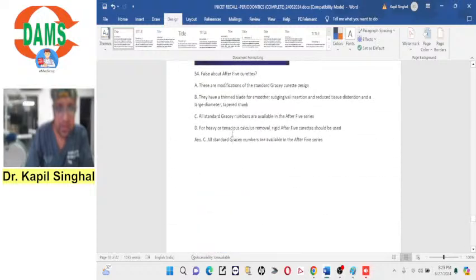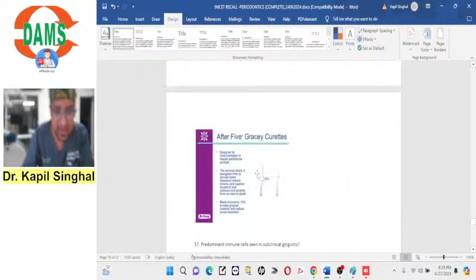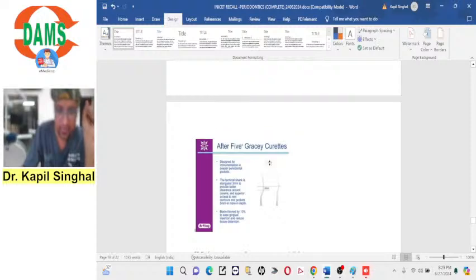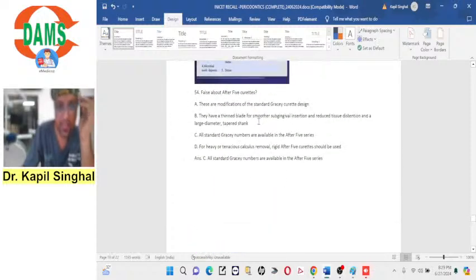Okay, this question: false about After Five curettes. Please remember, After Five curettes are a modification of Gracey curettes. They are 10% thinner as compared to Gracey curettes, and they have an elongated shank for easy access. Option 2 says they have a thin blade for smooth insertion and an elongated and tapered shank.